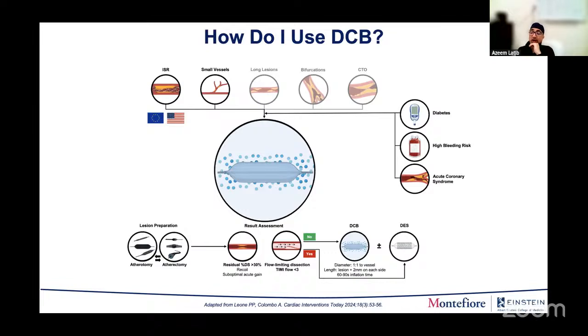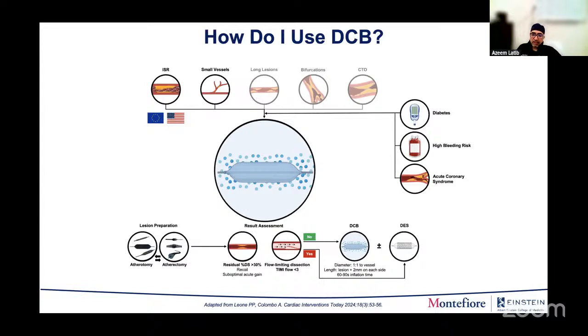We grossly overestimate diameter stenosis. So we call what sometimes on QCA would be 70, 80, or 90, but then you do QCA and it's 70. So we wanted to give ourselves a more stringent task, because we tend to overestimate it, and that's kind of why we went with 30%. We really wanted to be sure that you got as good a result as possible.